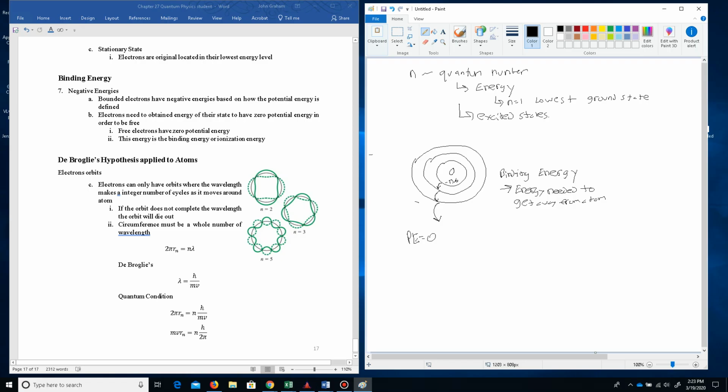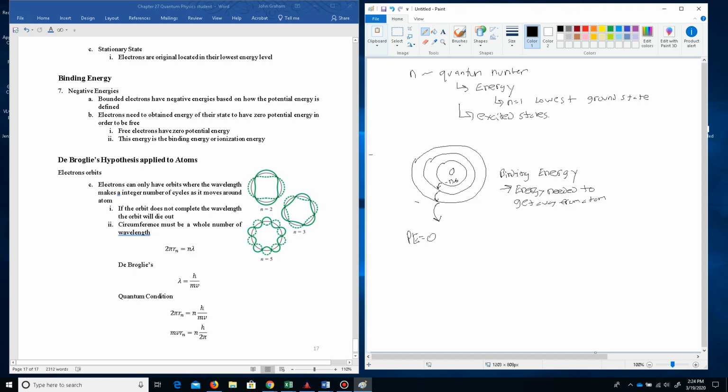So we see, they could be following the solid line, or they can be following the dotted line as they move about. And this is for n equals 5. It's a little different looking for n equals 3 and different looking for n equals 2. And how these patterns are actually found is that they have to be able to have their wavelength make a complete wavelength as they move around.